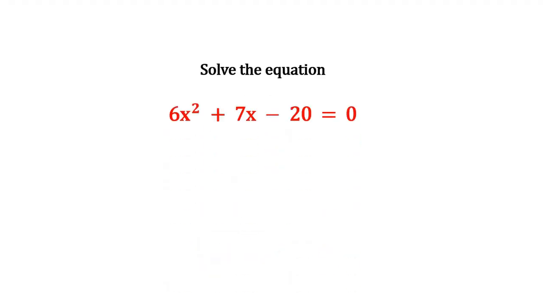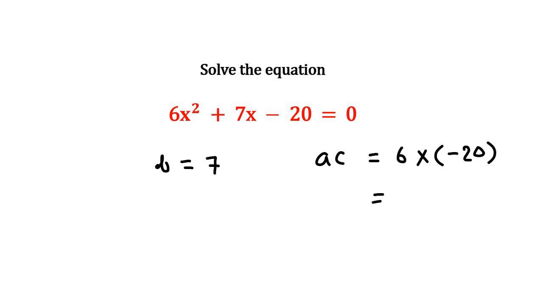We'll use the same method to solve this equation. Here b equals 7 and a times c equals 6 times minus 20, or minus 120.